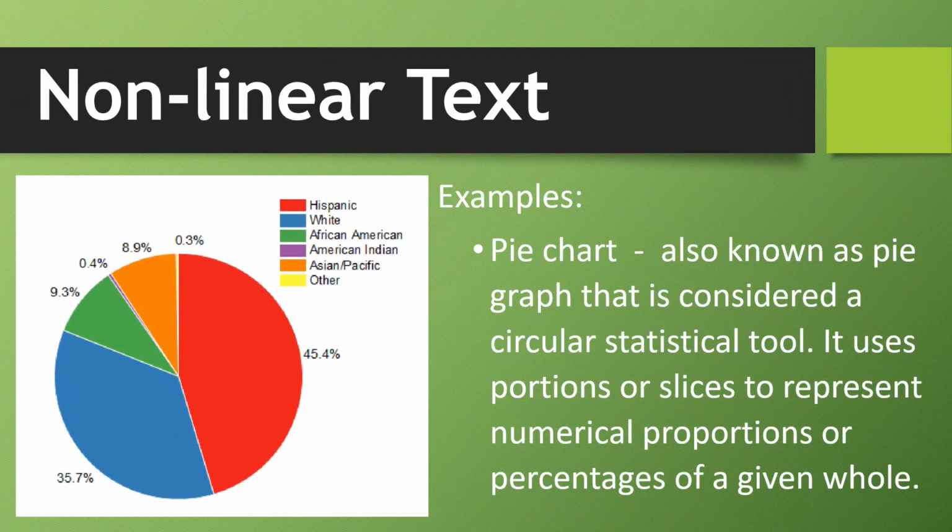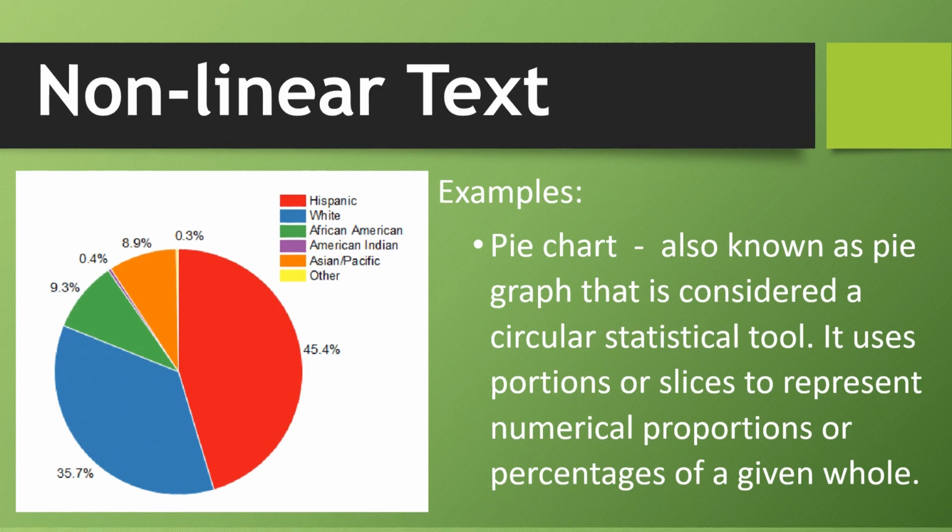We have also pie chart as an example of nonlinear text. It is also known as pie graph that is considered a circular statistical tool. It uses portions or slices to represent numerical proportions or percentages of a given whole.